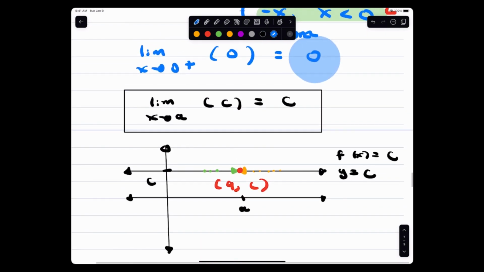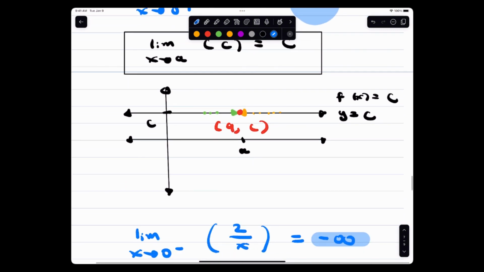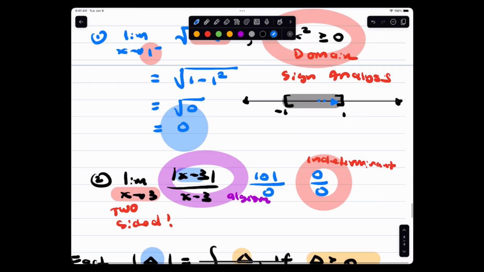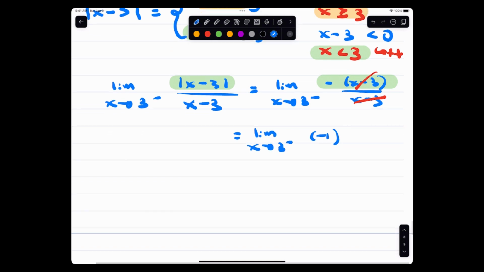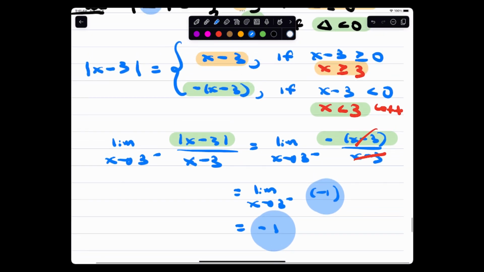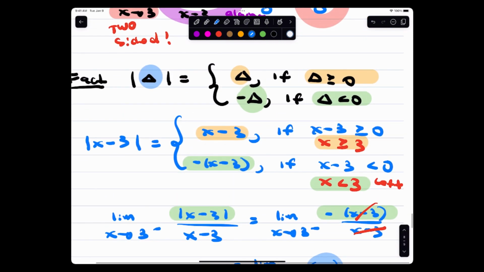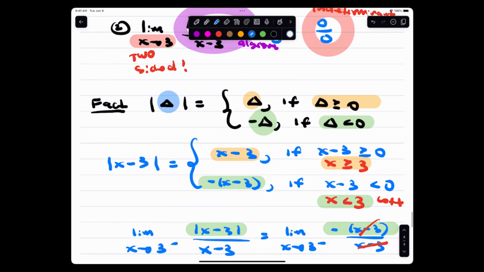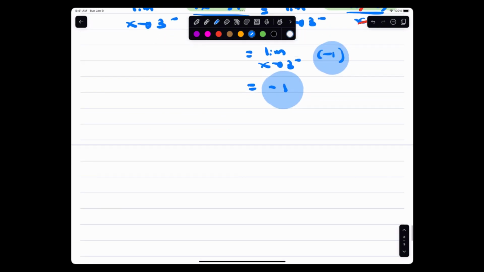By properties of limits, did you guys read about that? By properties of limits, it's the constant. So this limit equals itself, negative 1. The limit of a constant is a constant. So when they give you the absolute value, you're going to need to use this fact, this key here. Let's look at the other limit now.